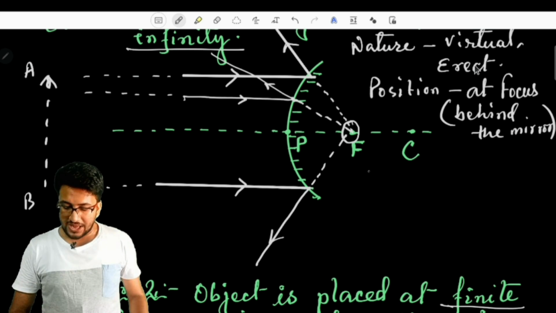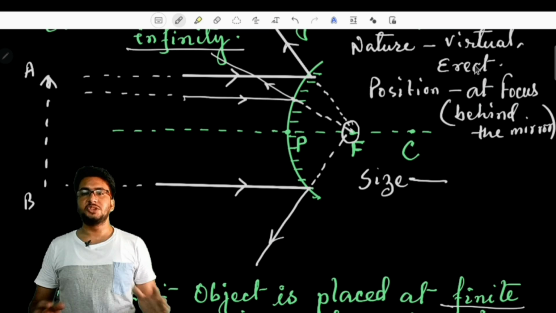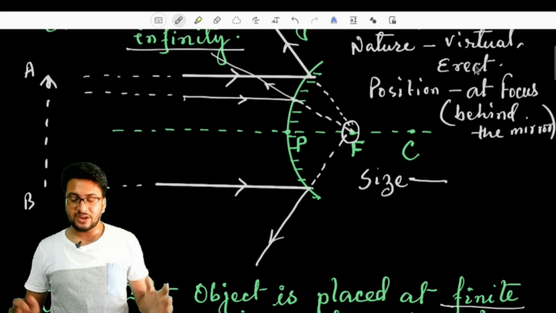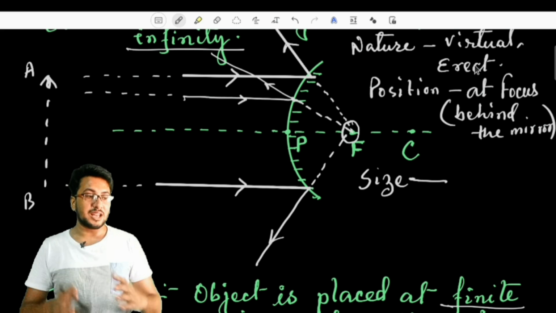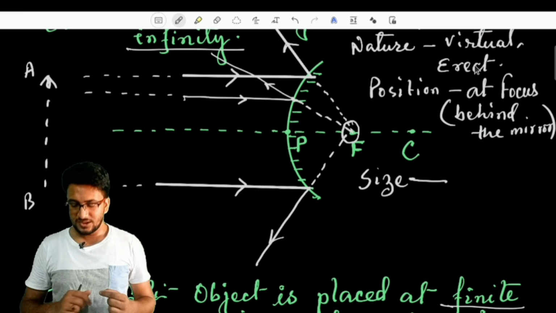Fine. So lastly, we will talk about the size of the image. As you can see, we had considered a large object previously. But what happens when the light rays are diverged by the convex mirror? The light rays are diverged, but the image formation takes place in a point size.